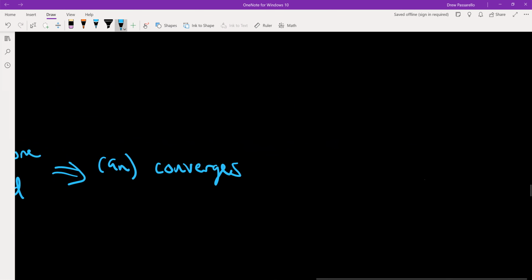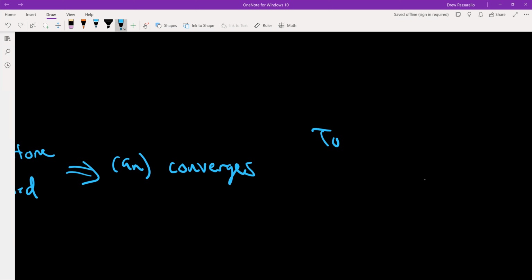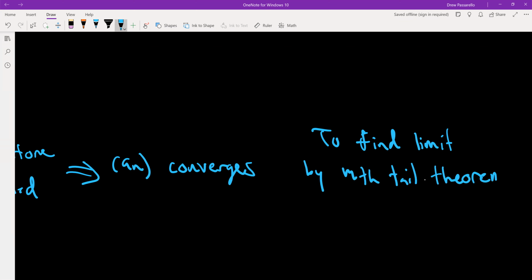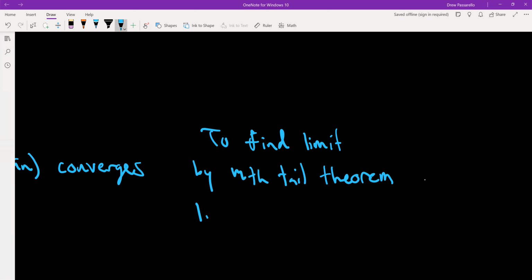Now, to determine that its limit is 2, to find the limit itself, by the Inf Tail Theorem that I used in the previous video, the limit of some sequence a_n is equal to the limit of the nth tail of that sequence, and so it can equal a sub n plus 1.